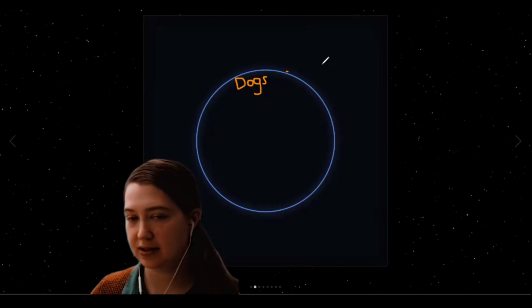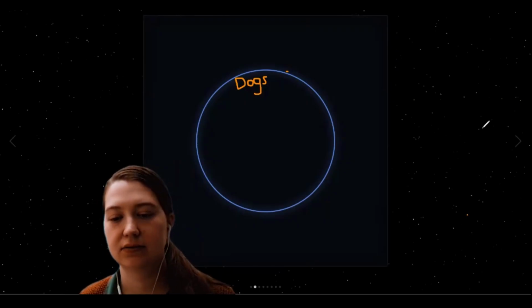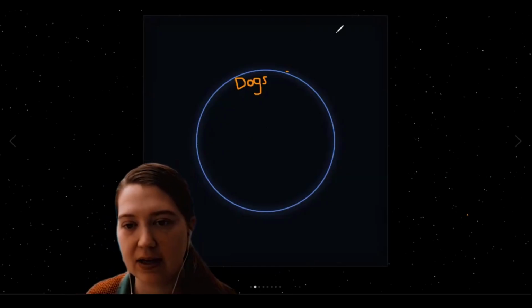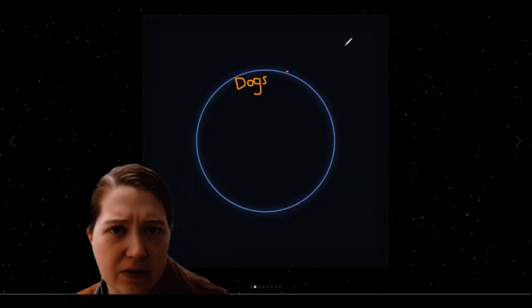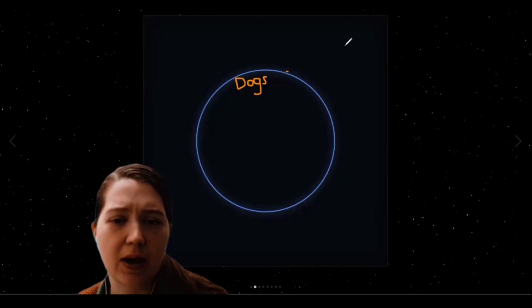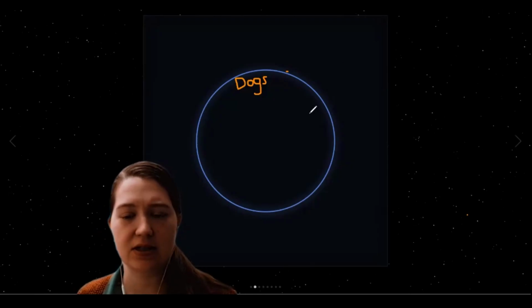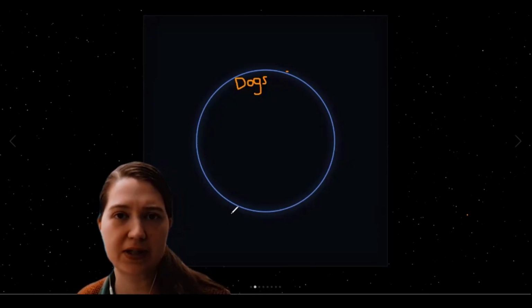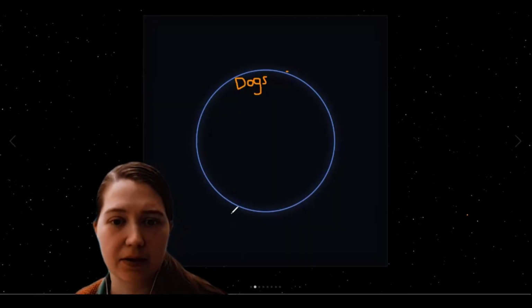So when I see an object in my world, if it is a dog, it goes in this circle. If it's not a dog, it goes outside of this circle. So everything in the entire universe must go either in the circle or outside of the circle. It's either a dog or it's not a dog. So this circle can represent any category that I like for making sense of my world.